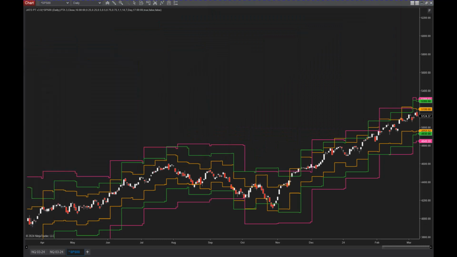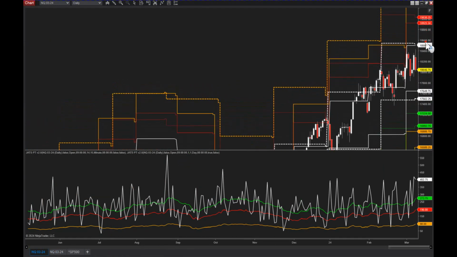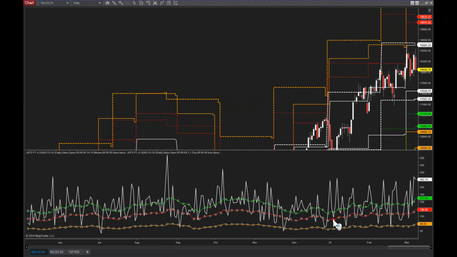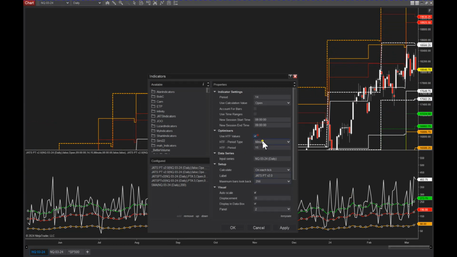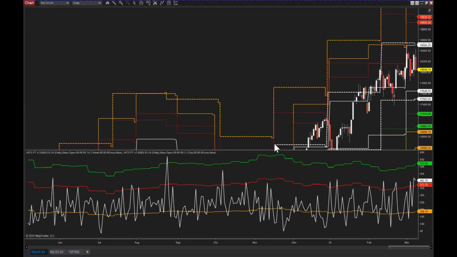And where's the monthly? I'm going to change this. So I'm going to look for 522 points. I just put that on a weekly distribution.